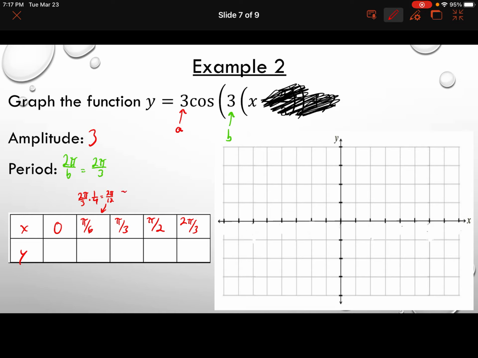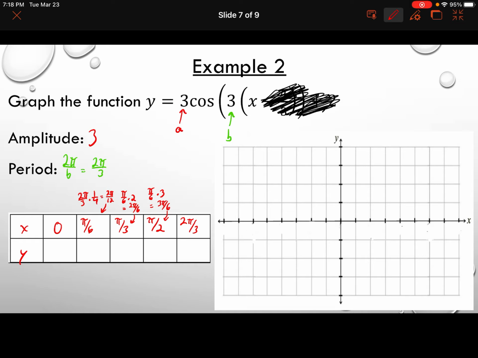And then we would take that, pi over 6, and multiply it by 2 to find the next x value. So 2 pi over 6, same thing as 1 pi over 3, because the 2 and the 6 reduce to 1 over 3. And then to find that next x value, we would take that pi over 6 again, but this time multiply it by 3, giving us 3 pi over 6, which gives us 1 over 2, because 3 over 6 reduces to 1 over 2.